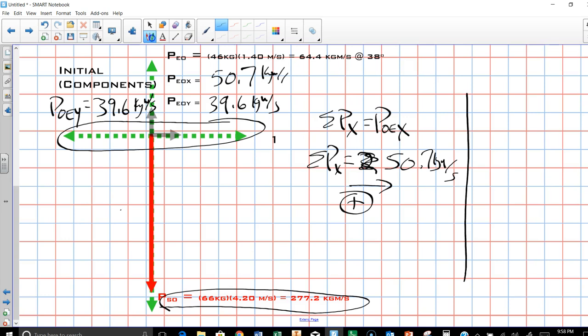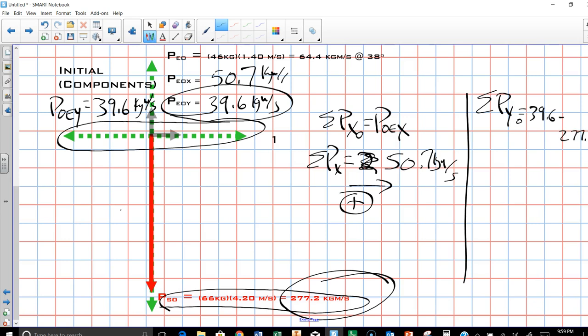Over in the y dimension, though, what's the net momentum in the y originally, before the collision? Well, upward is this. Downward is this. So I have 39.6 minus 277.2.